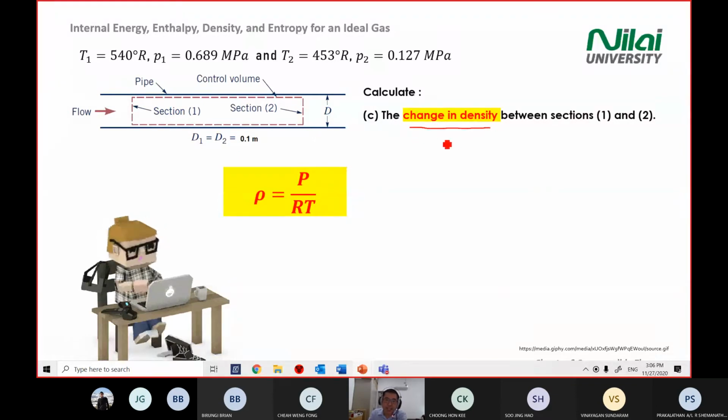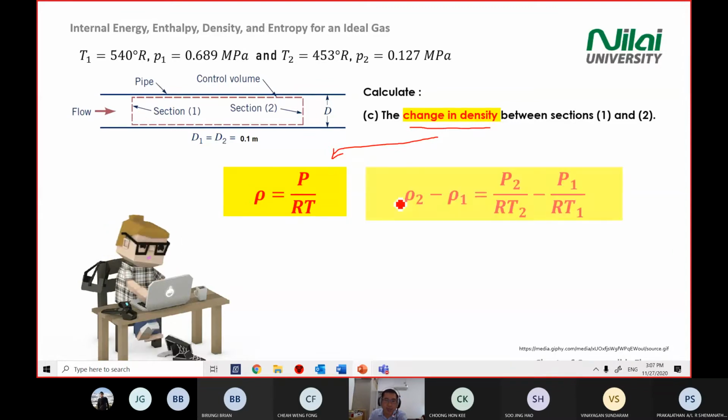This keyword is actually testing your understanding of the equation of state. Because if you use the equation of state, you can equate section 1 and section 2, meaning the state in section 1 equals the state in section 2. What does it mean? If you want to find the change of density, you take rho 2 minus rho 1.